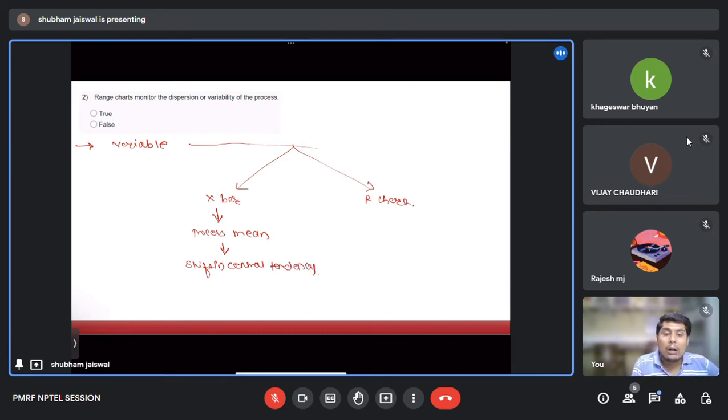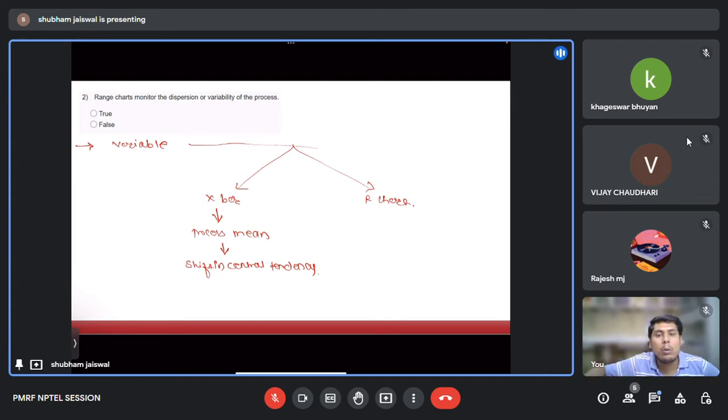Whereas in the R chart, we consider the range, higher minus lower. What is that? It tells the changes that are taking place in that range. So we are considering how wide or how spread the data is.